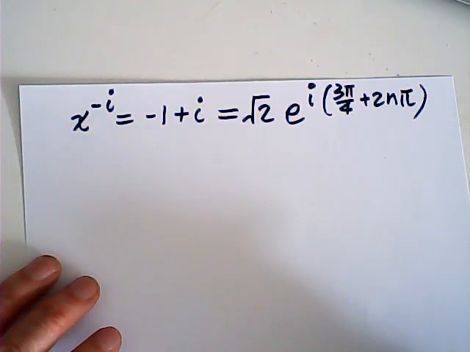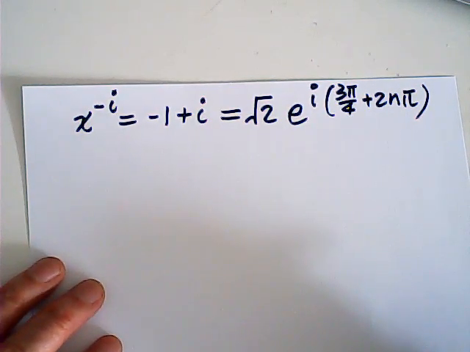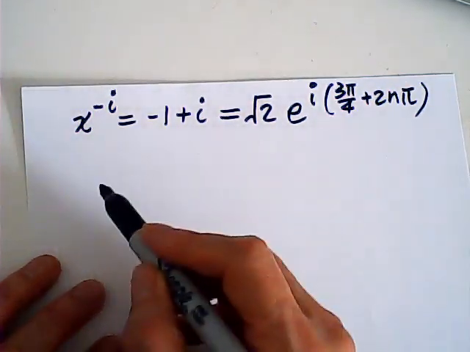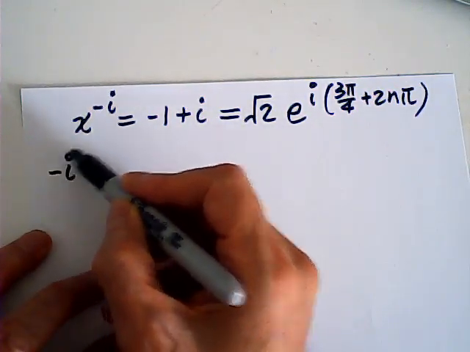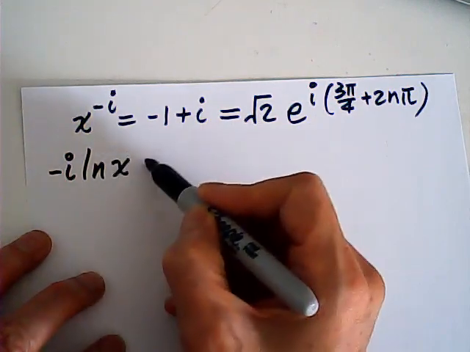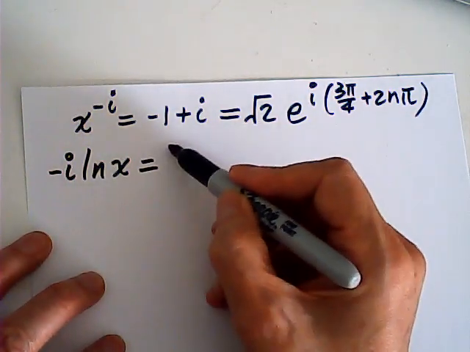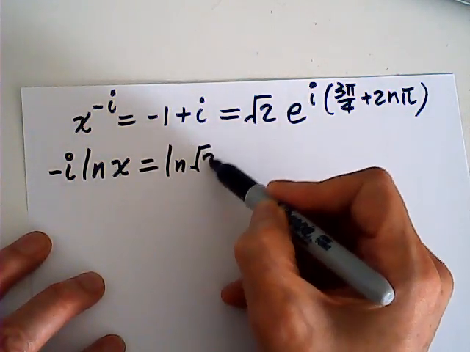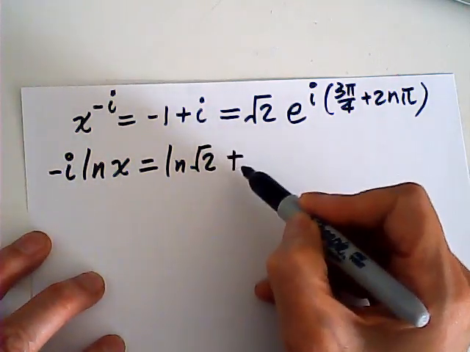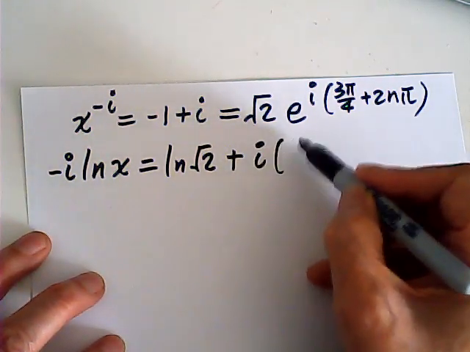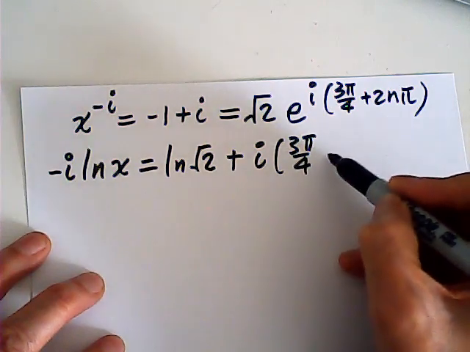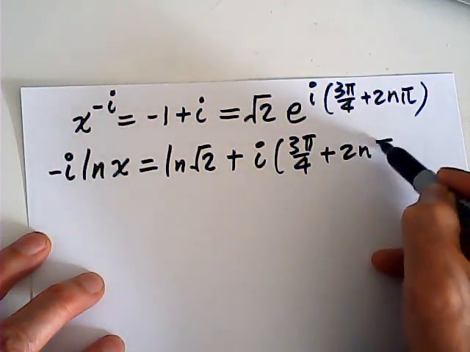Okay, good. Then we take log of both sides, right? This is a negative i, log x is equal to natural log square root 2 plus i, 3 pi over 4 plus 2n pi.